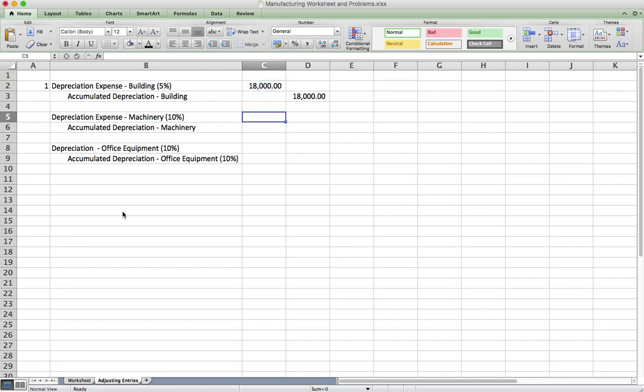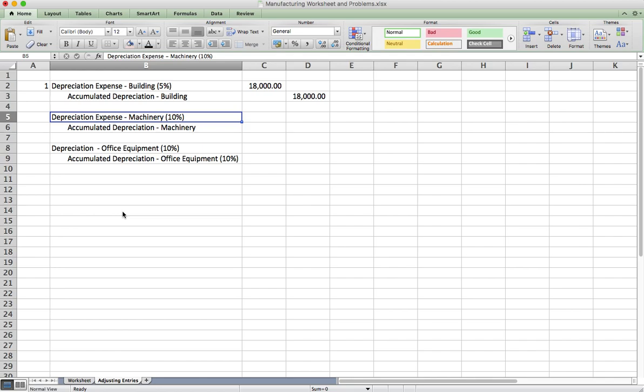How about the machinery? Of course, machinery. From the word itself, that is being used in the production. So if there is a depreciation expense for the machinery, then presumably, there is only a presumption. If there's clear evidence or clear proof that it is not used in the production, then this should not be factory overhead. But since it is machinery, by the term itself, it is clear that this is used in the production.